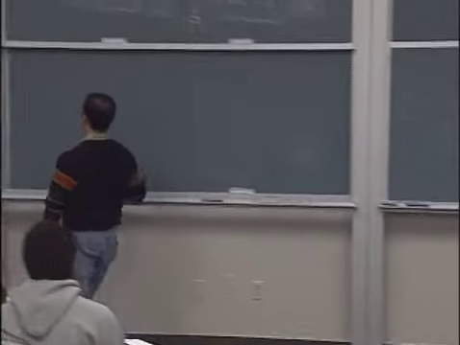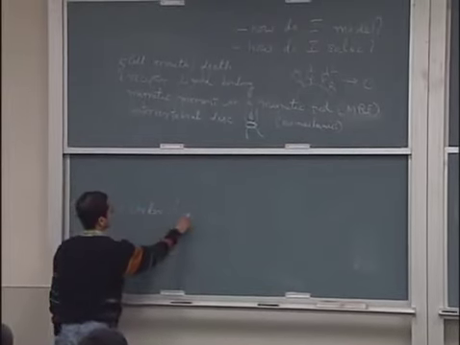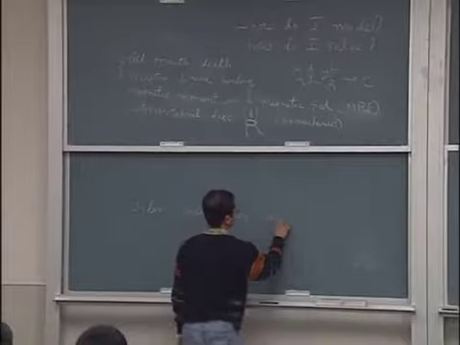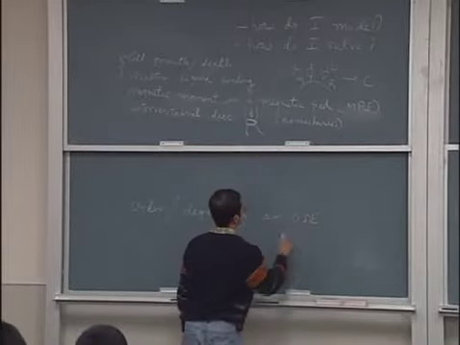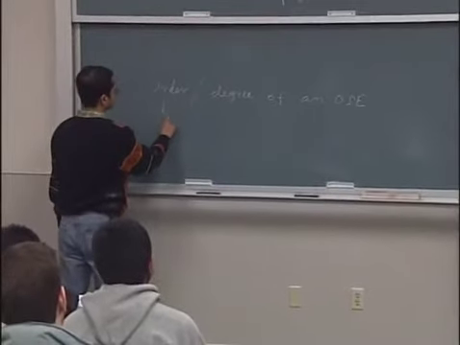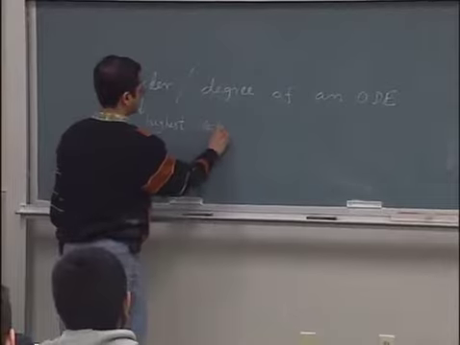Little bit of formalism which you might be familiar with already. Order and degree of an ODE. I'm not going to do too much of this. Order is the highest derivative.